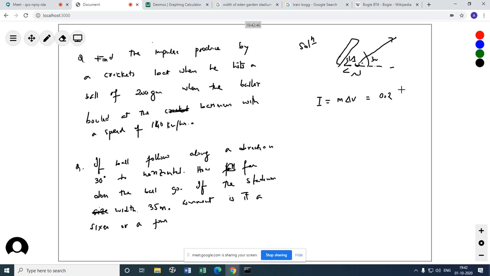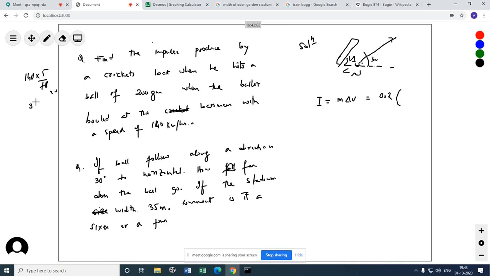So 0.2 into how much is the velocity? 140 km per hour is actually how much? Into 5 by 18. It is almost equal to 20, so 18, 20. Half is 7, 5 7s are 35, a little less than 35, maybe 34 or 33.